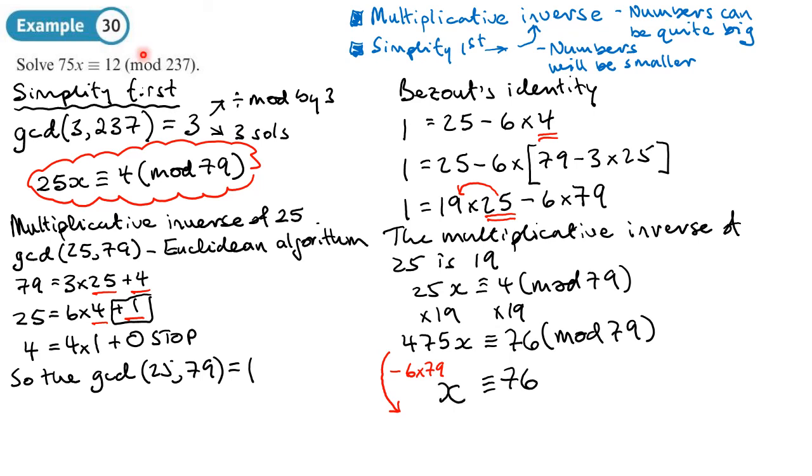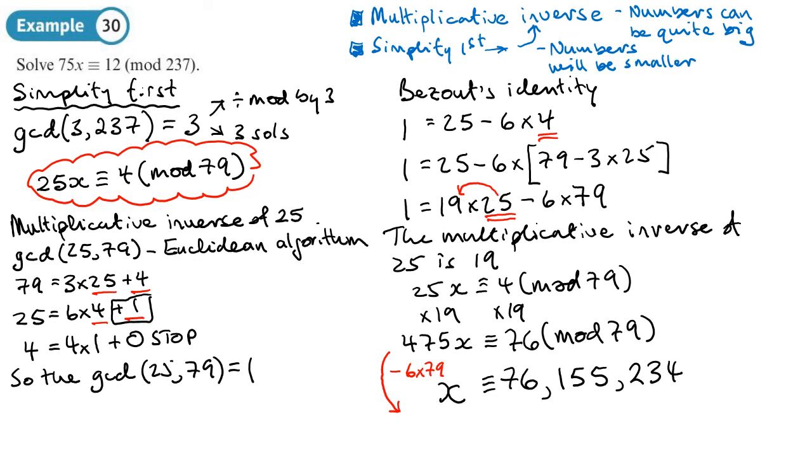Now let's look at the original equation. It's mod 237, so we can go all the way up to 237. So we can keep adding 79s onto this number to find the other solutions. So 76 plus 79, that's 155. And we said right at the start, didn't we? We said there were 3 solutions. So let's add another 79 to that, and that's 234.